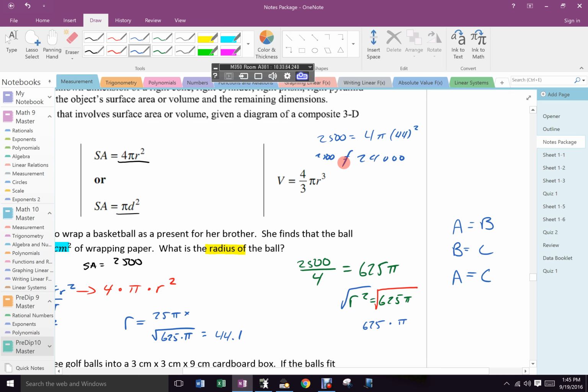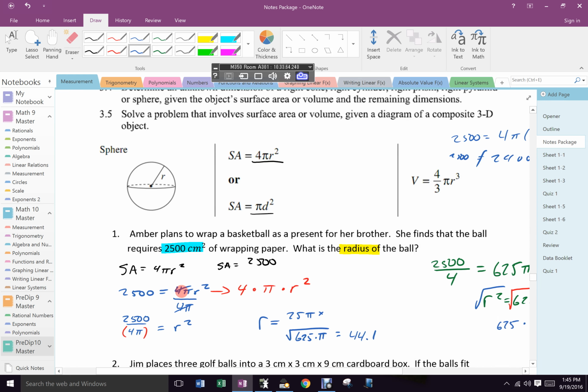Where did we make our mistake? Yeah. We can't do this, can we? Because this here, 4 pi, is a number. We just don't write it as a number. Okay? So here is our mistake.